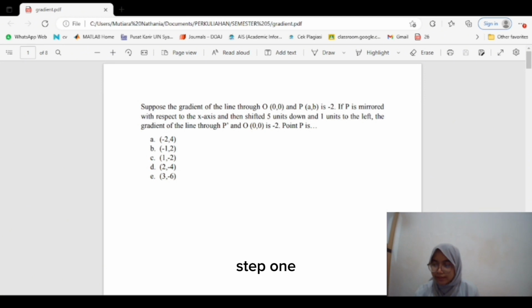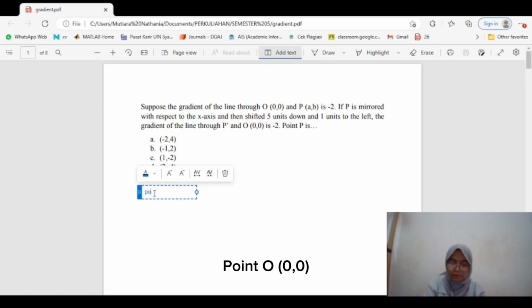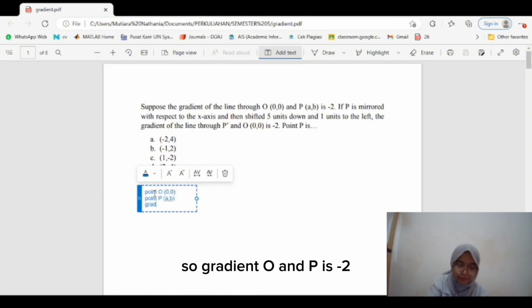Okay, so step 1, we write what is known in the question. Point O(0,0), point P(a,b). So the gradient of O and P is negative 2.